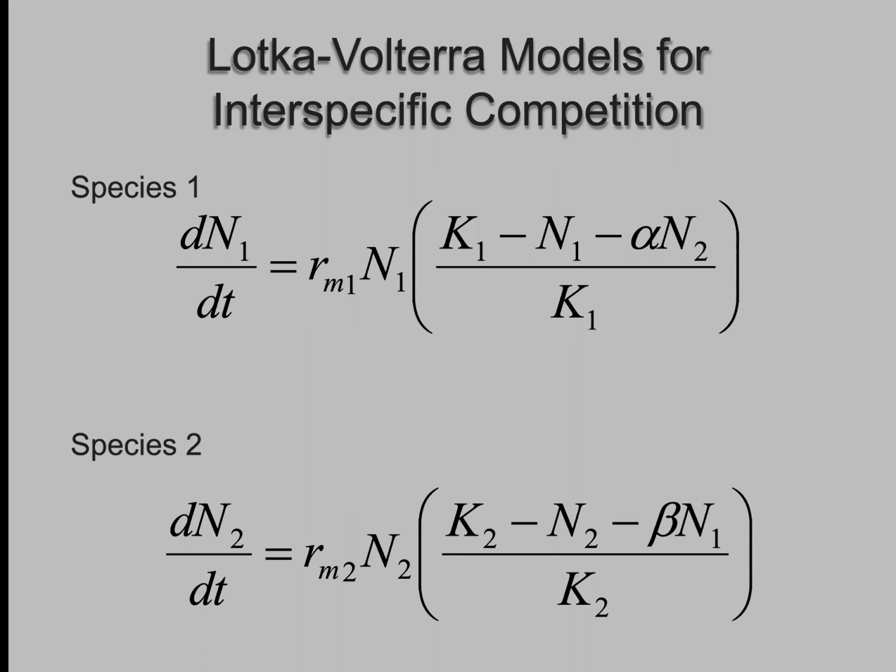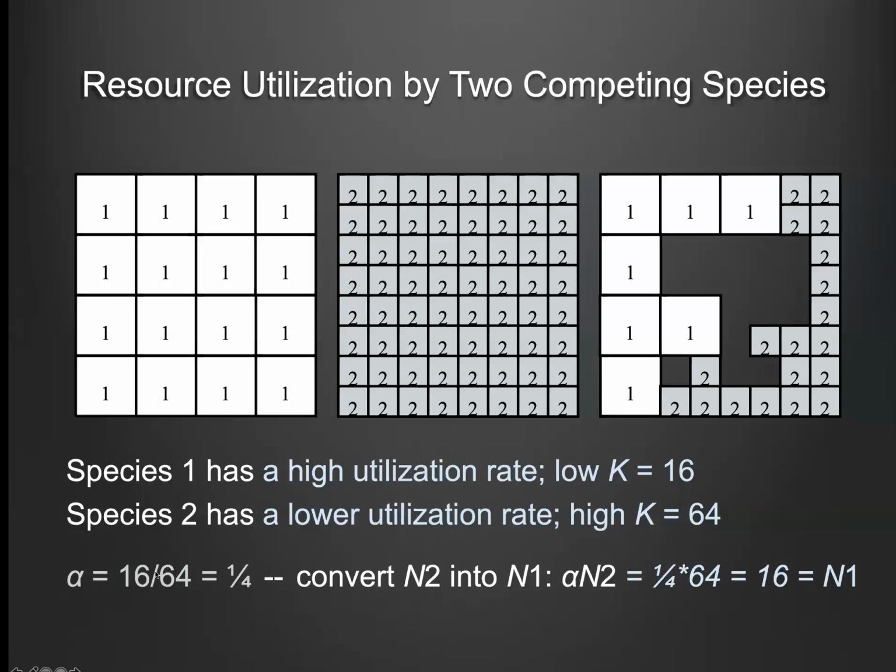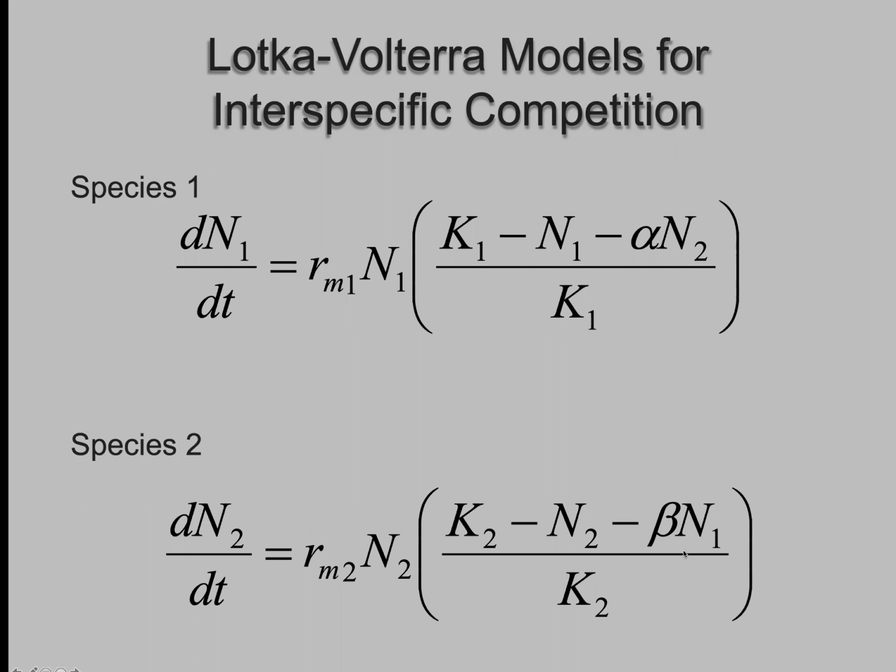Now, earlier we said that alpha for this guy was 1 over 4. In some cases that would be the reciprocal, so that the impact of species 1 on species 2 would be the inverse. If that was the case here, what would beta be?